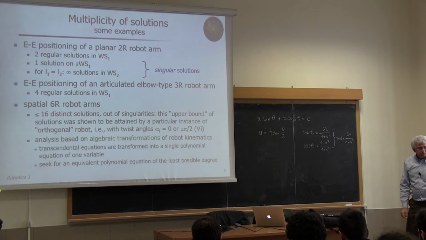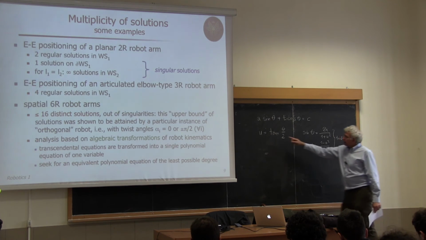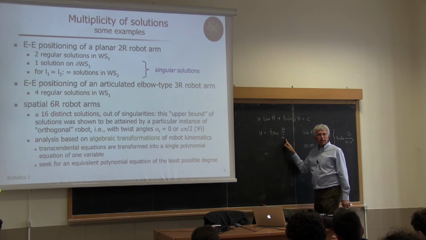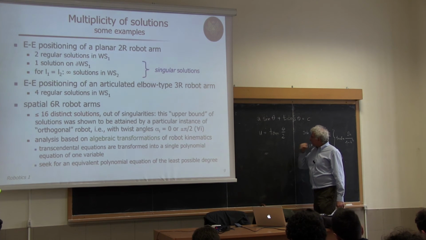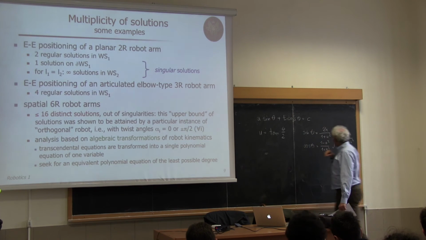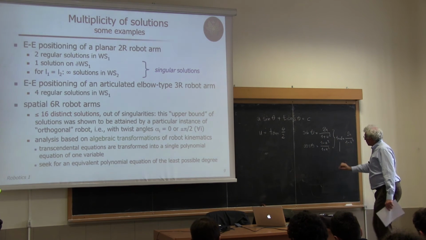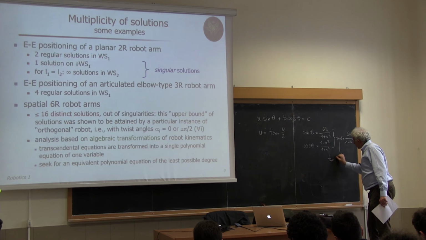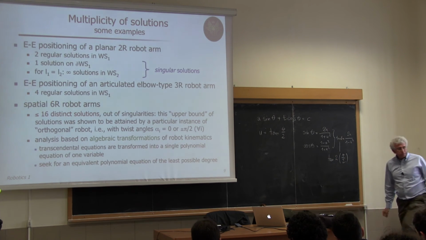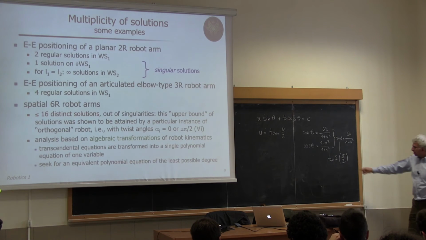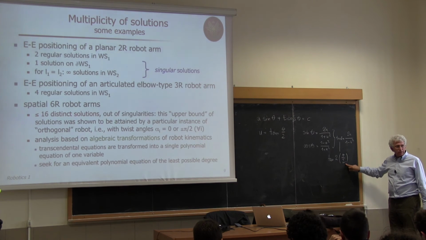Correct? Now, the tangent of theta, better say here, this tangent can be written as tangent of 2 times theta over 2. Okay? It's just a trick. So I'm doubling the half angle.